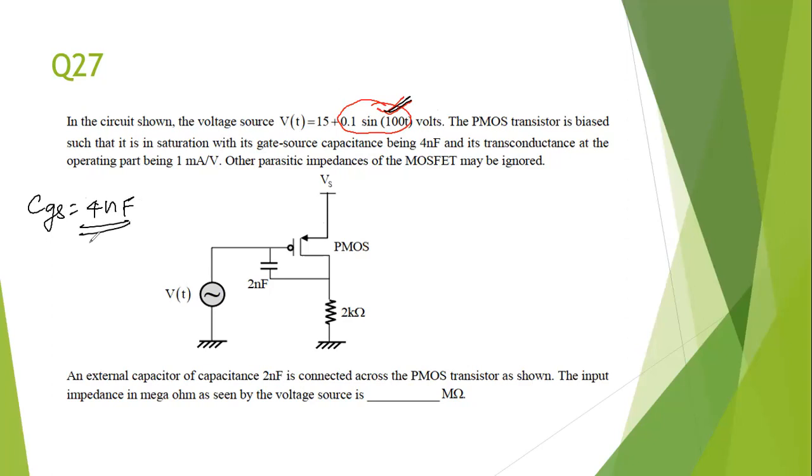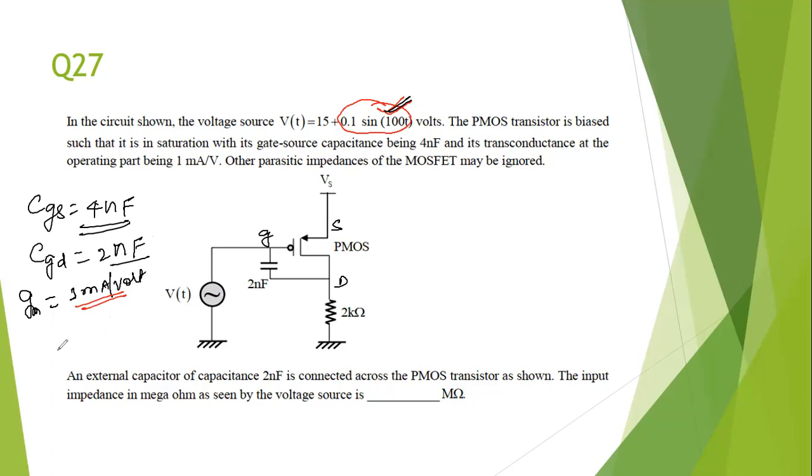The external capacitor is CGD, between gate and drain, given as 2 nanofarad. Transconductance gm is 1 milliampere per volt.